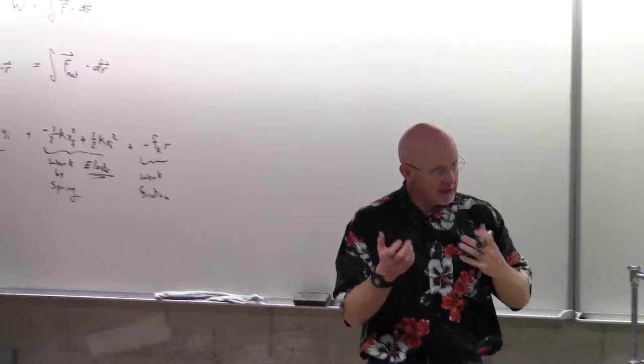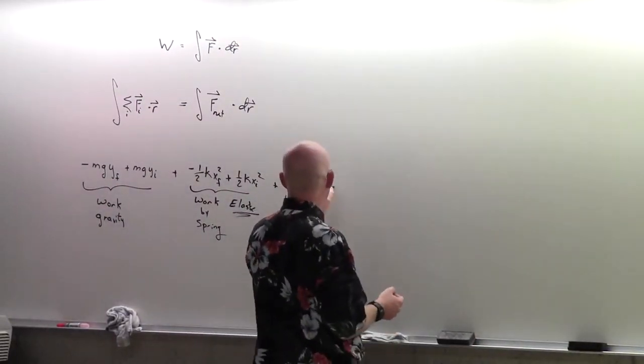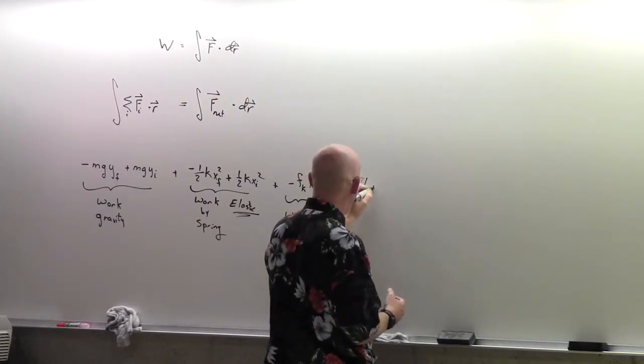That might have been it for the explicit ones. I think we did have a normal force on there, but we showed that that was 0, so I won't bother to put that one on there. I think we left an open category for other forces that might show up, either in this chapter or in future chapters. So let me just write it as plus a W, or the work done by other forces.